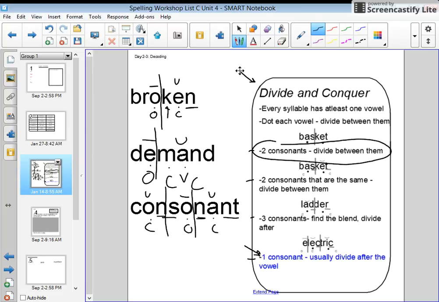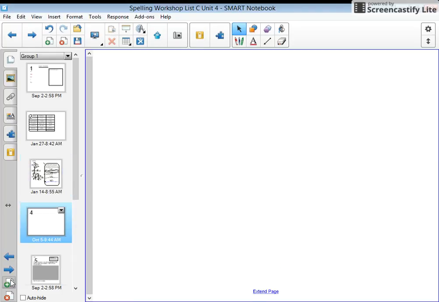Another strategy that I have and my kids have been learning is to say the word, syllabicate the word, and stretch the word, which helps when you are reading and also helps when you're writing. So, for example, let's take the word that is on our spelling list this week, the word final.